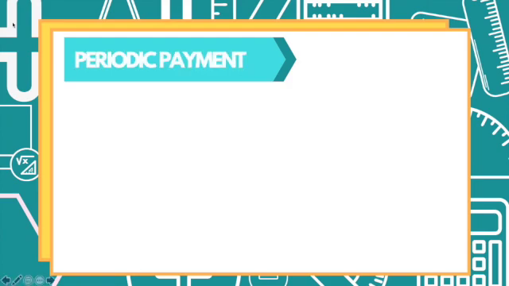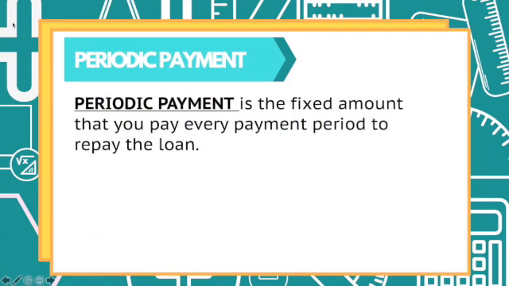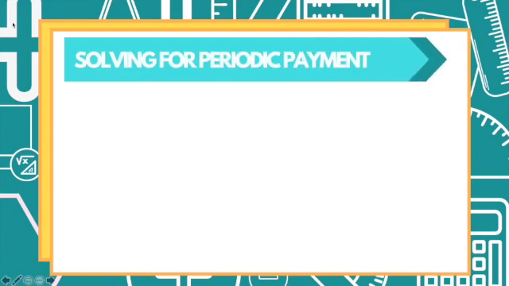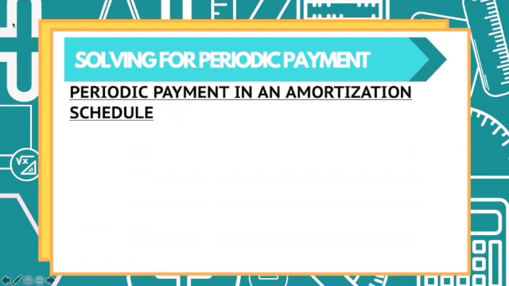Okay, so let us define first what is periodic payment. Periodic payment is the fixed amount that you pay every payment to repay the loan. So how do we solve for the periodic payment in an amortization schedule? We use this formula.